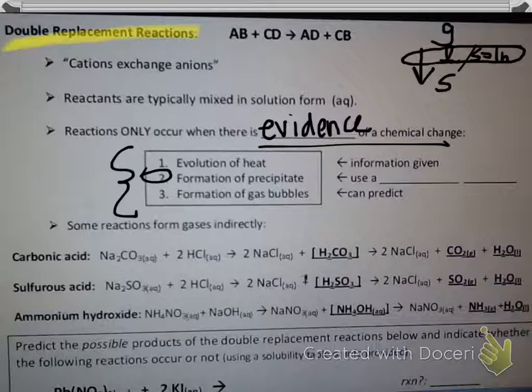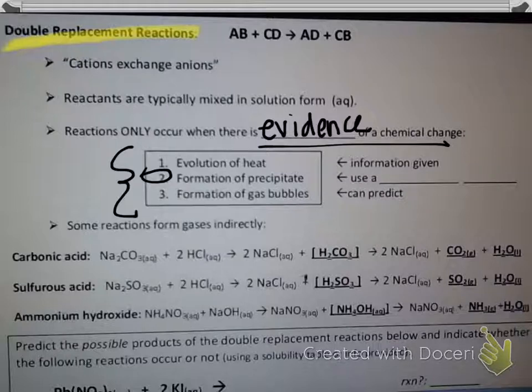So in the case of double displacements, since everything is aqueous or in solution, a precipitate would form whenever a solid is produced. And solids would be ionic compounds that are insoluble in water. Okay? So how would you predict whether or not a precipitate or a solid would drop out of solution?